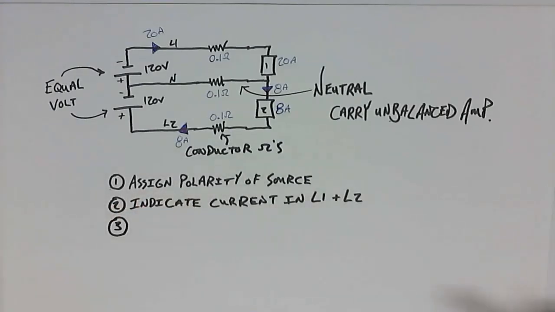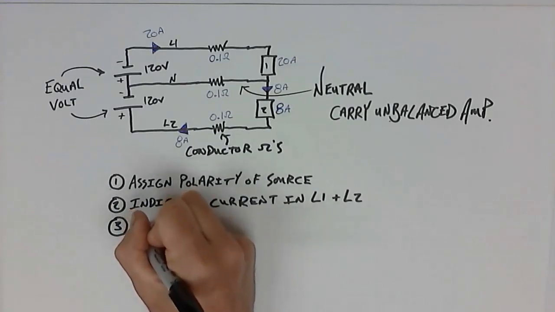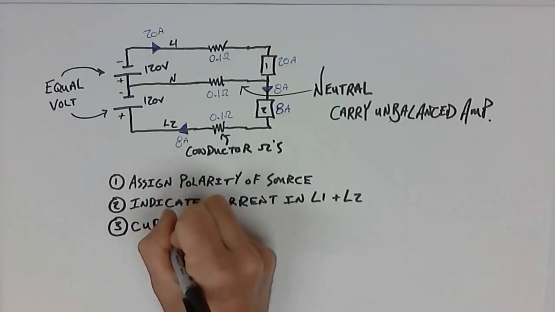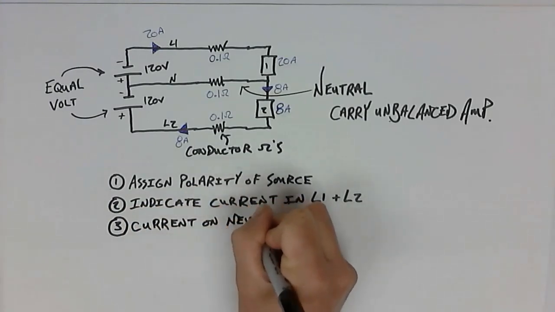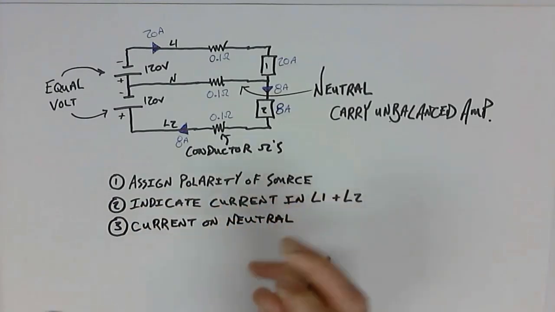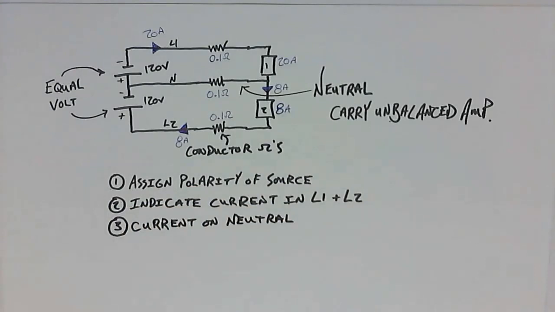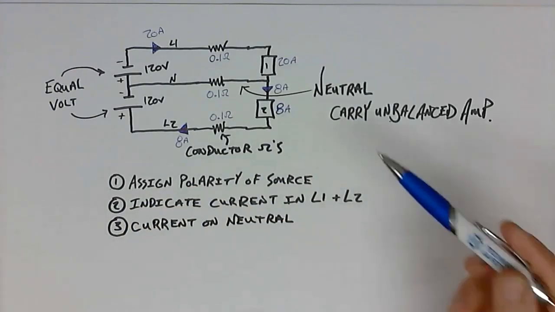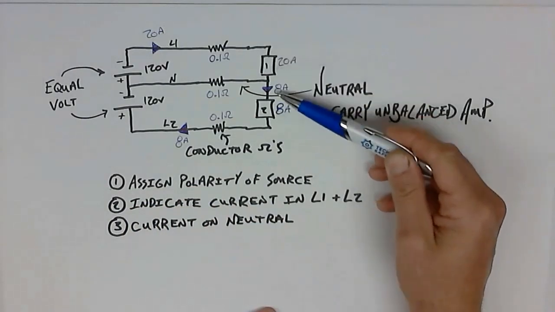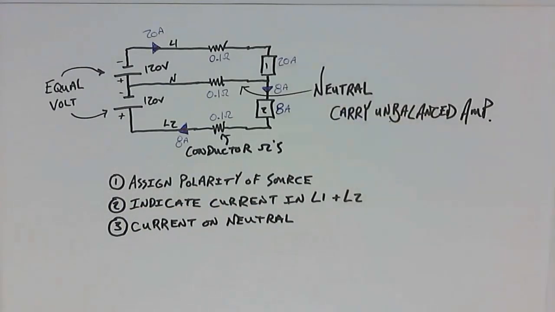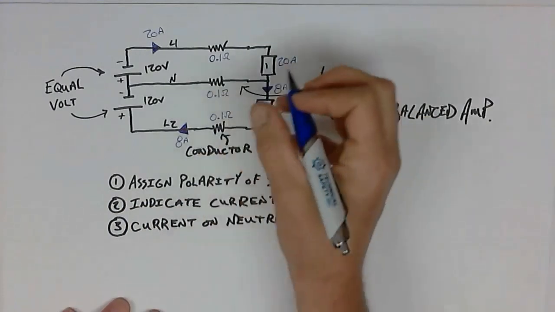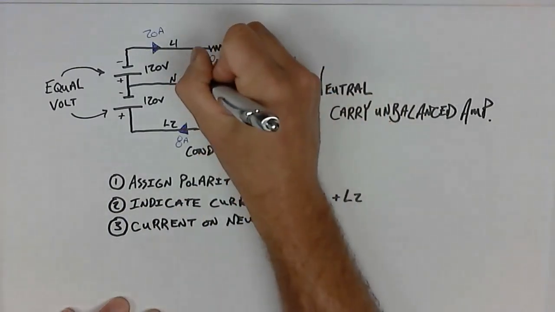We are now going to work out the current on the neutral. For this situation, the current on the neutral is 20 minus 8 amps because it carries the unbalanced current. So 20 minus 8 gives us a neutral current of 12 amps.